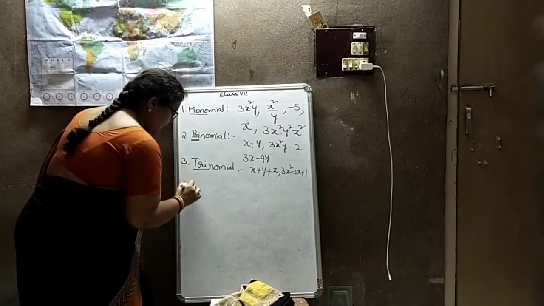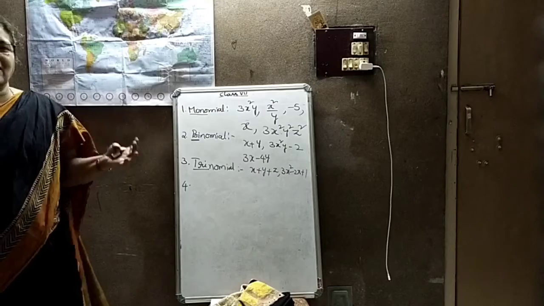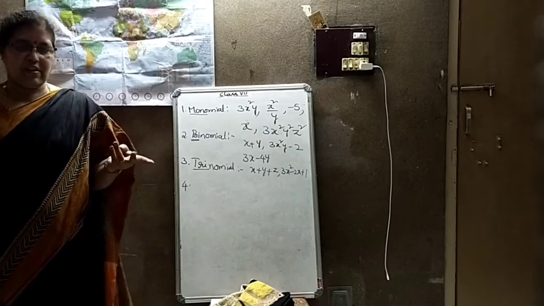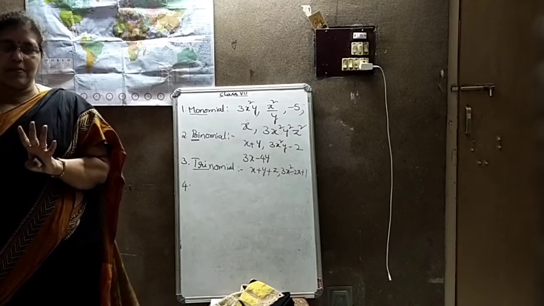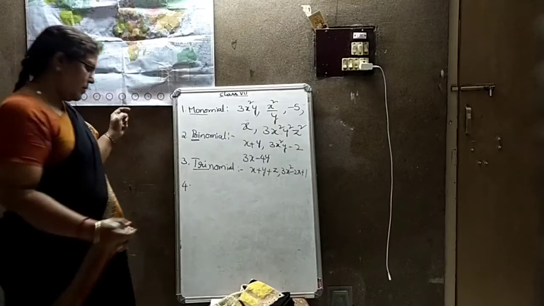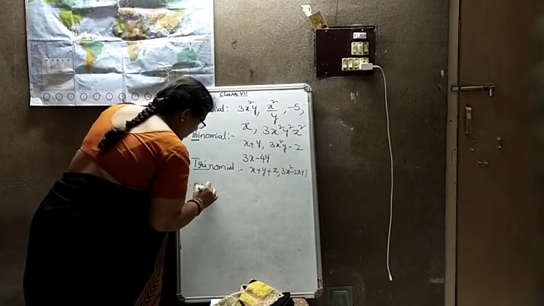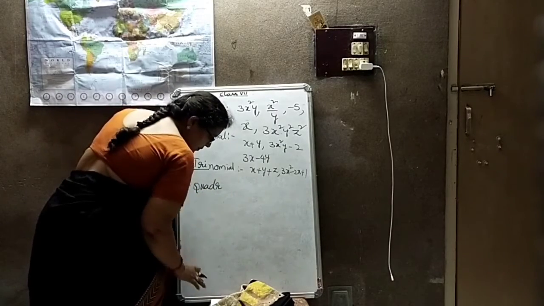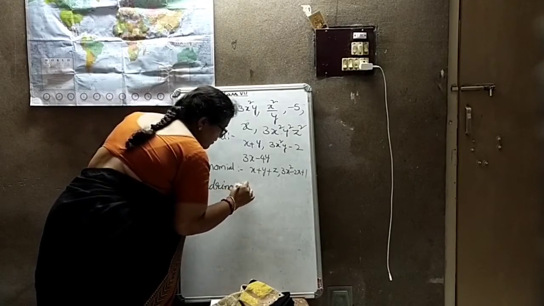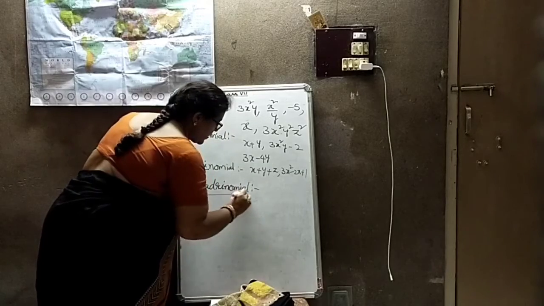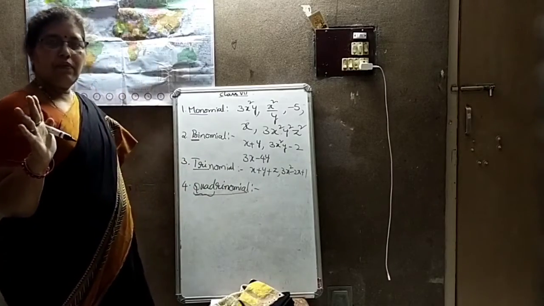The fourth one is quadrinomial. Quadra means quadratic. Both are different. Quadra means four, four terms. Quadrinomial. Quad means four, four terms.